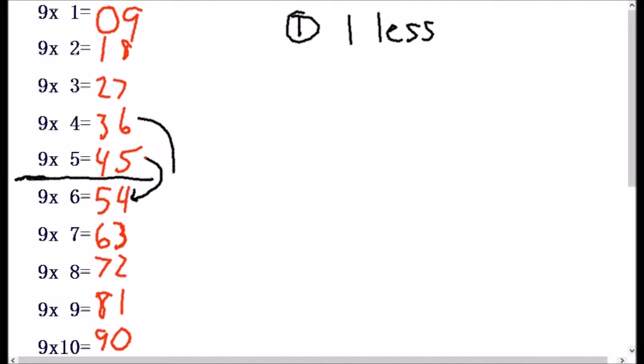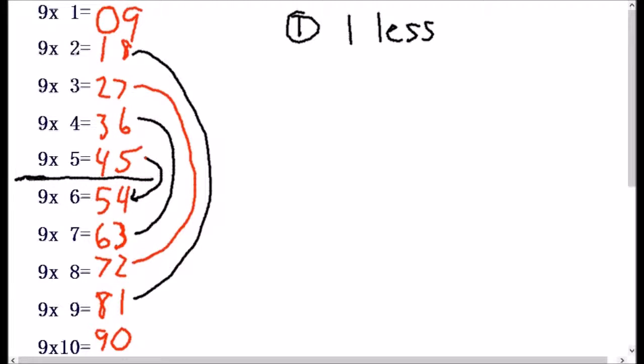Or how does 36 connect to 63? 27 connects to 72. Okay, are you seeing it? I'm seeing it. So look, the top half, these numbers up here, and the bottom half, they have the same answers. It's just that the numbers on the bottom half are just the numbers on the top flipped around.